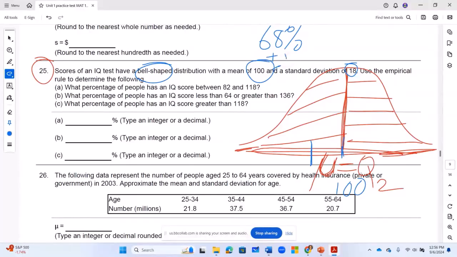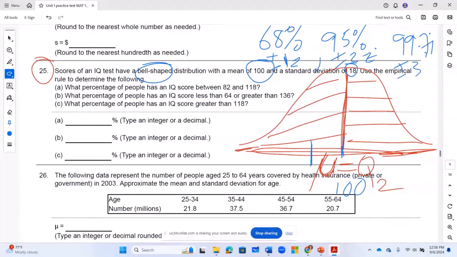In other words, I'm going to write 1z here. 95%, that's what we just saw before, lies within plus or minus 2 standard deviations. And 99.7% lies within plus or minus 3 standard deviations. That is the empirical rule, just one of the properties of the normal curve.